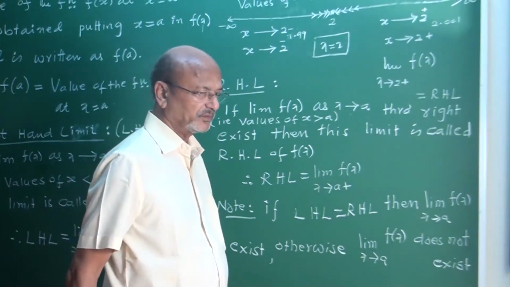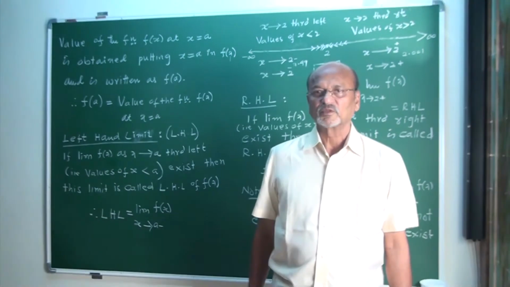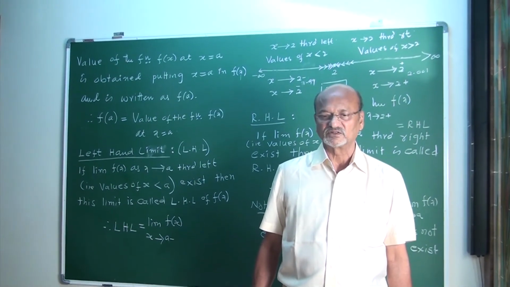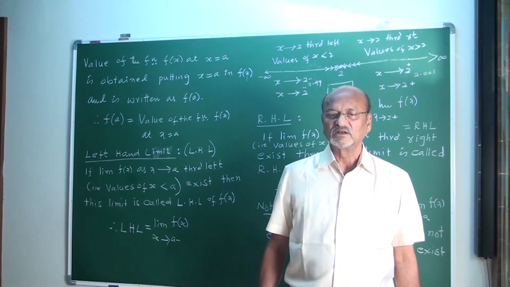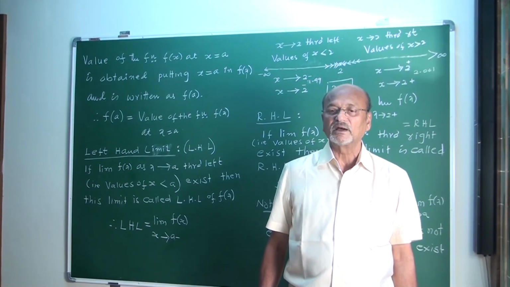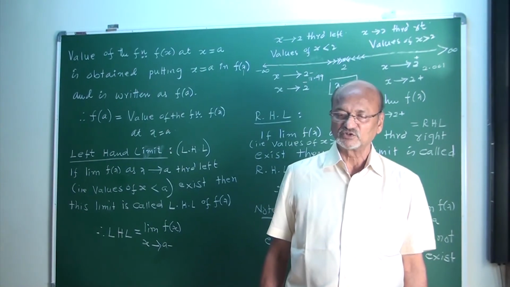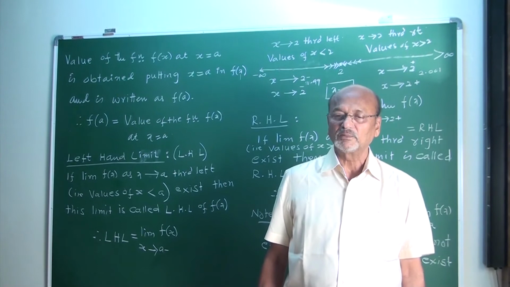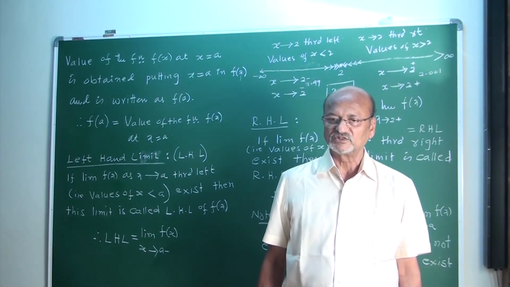By making use of this, I write one more note on how to find LHL and RHL. In finding LHL, replace x by a minus h and take the limit as h tends to 0. And in finding RHL, replace x by a plus h and take the limit as h tends to 0.